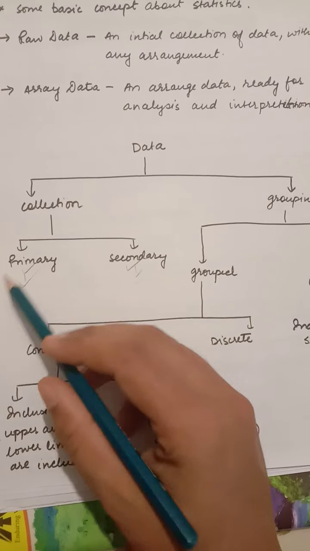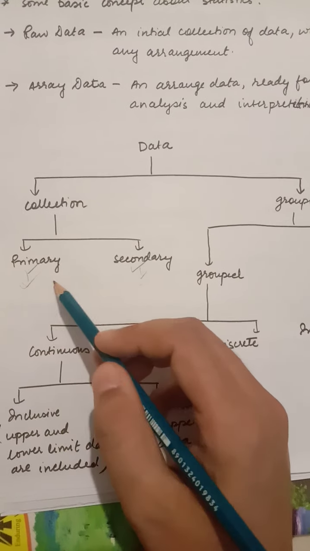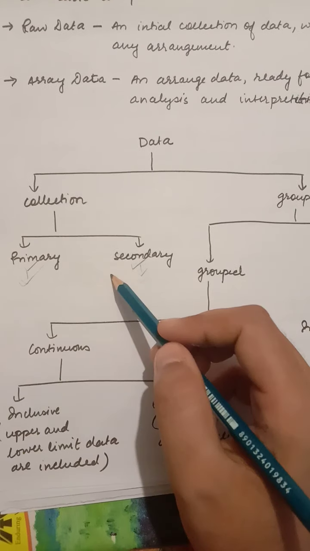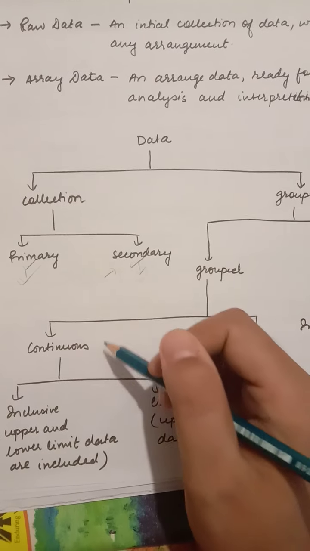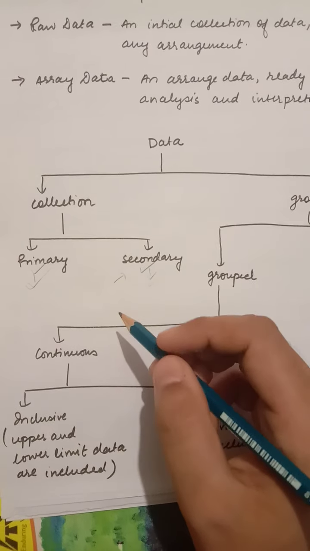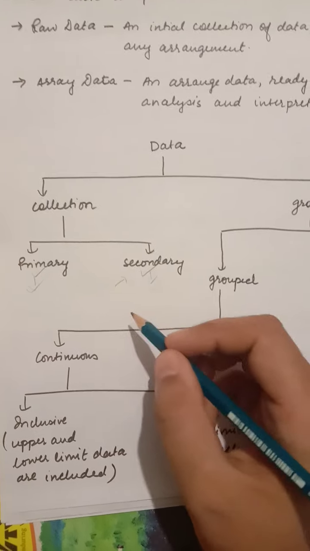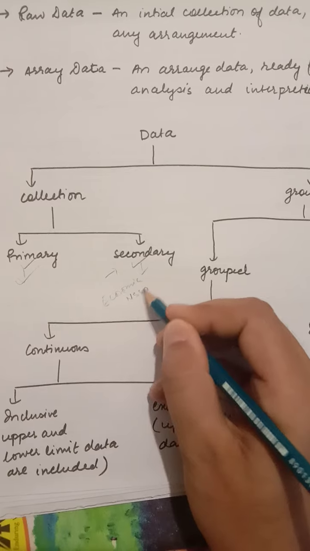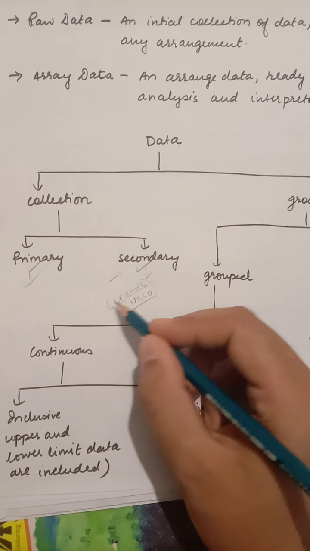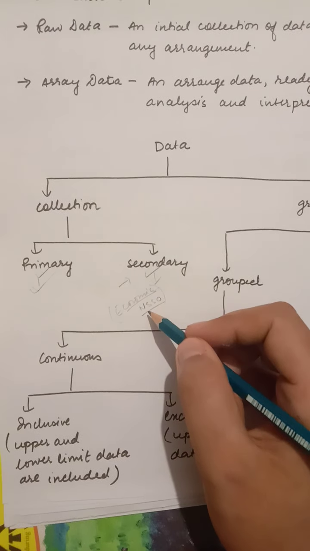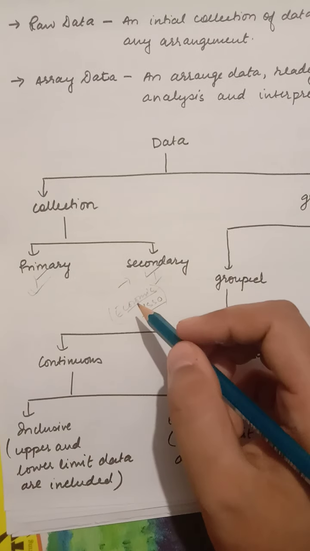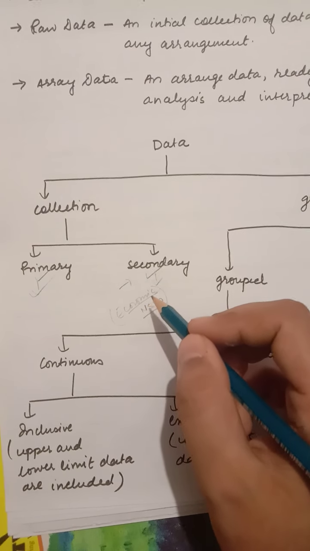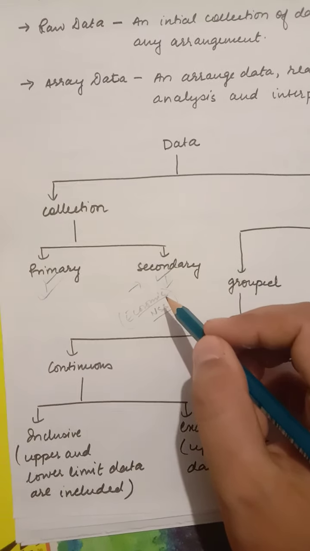And when data is collected by any organization and we use it for further analysis, like the economic survey or NSSO, these are sources of secondary data. They provide data that are properly classified, analyzed, and can be further used for studies.